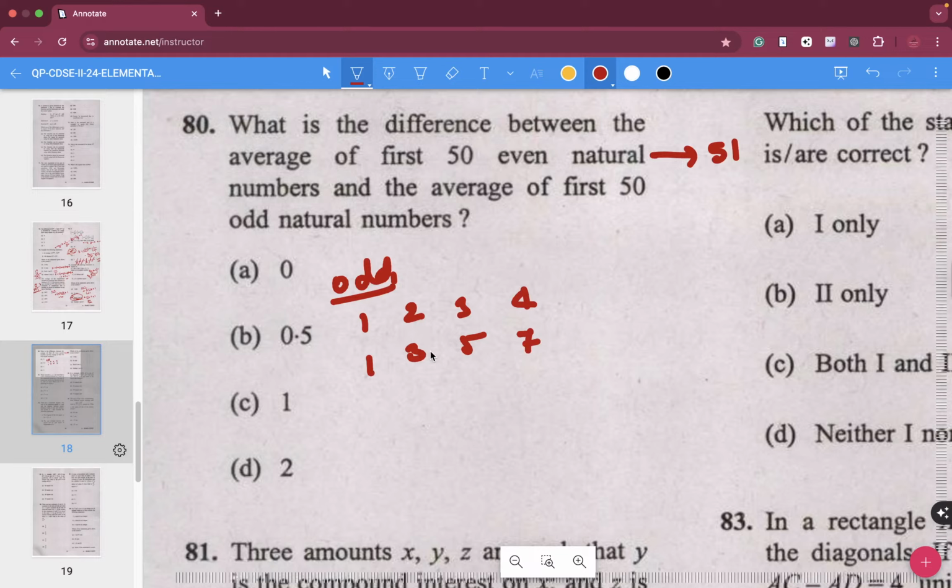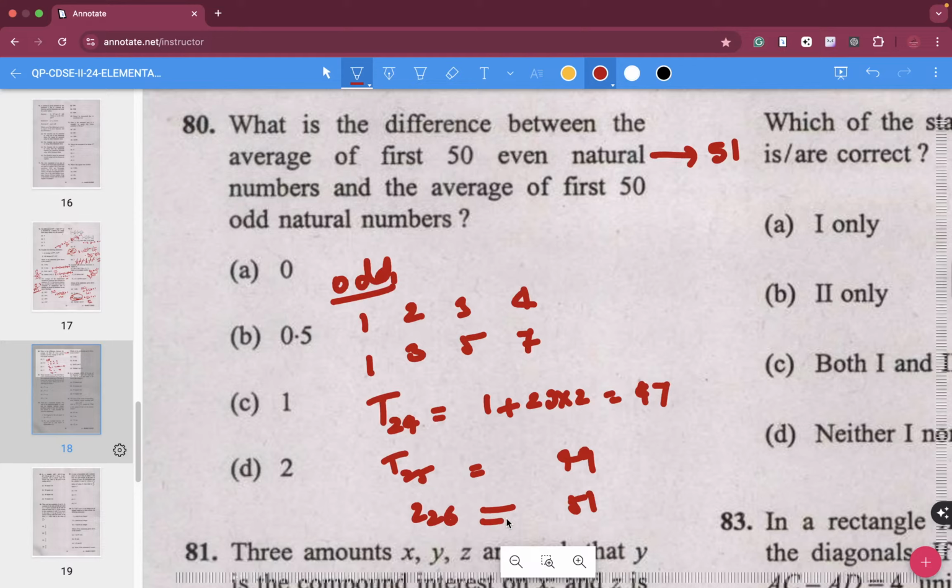So the 24th odd number, using T_n = a + (n-1)d, is 47. 25th will be 49, and 26th will be 51. So these two are the odd numbers at the 25th and 26th place.